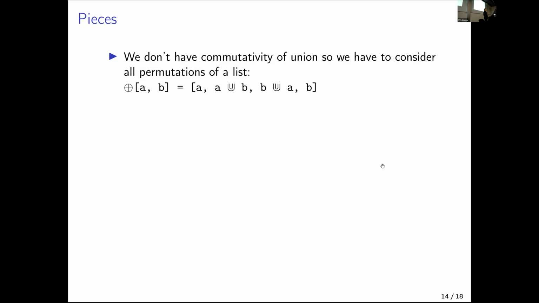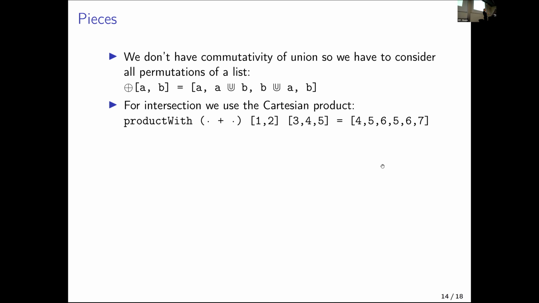Since we don't have commutativity, the reasoning becomes a little bit more complicated because we have to consider all permutations of a given list. So we have this O+ operator, which computes all permutations of all sublists and then folds them with plus. And the other small note is that when dealing with intersection, we have to compute the Cartesian product of the two sets and then fold, using the binary operator to apply it to each pair, which is the most computational part as well.